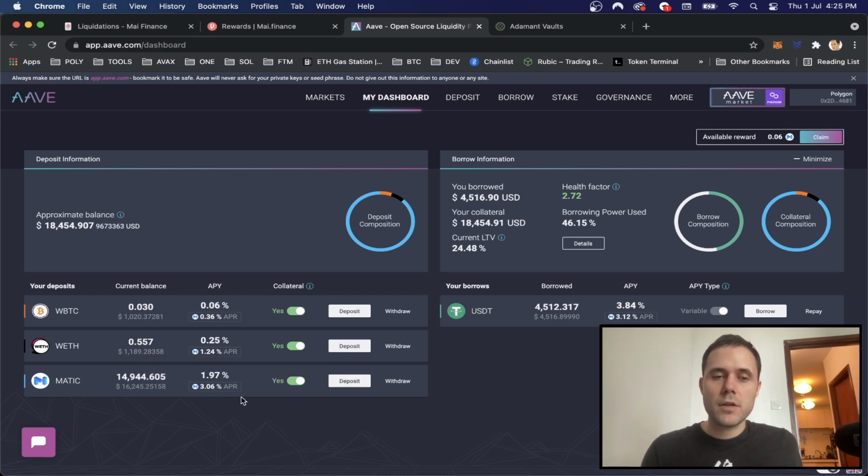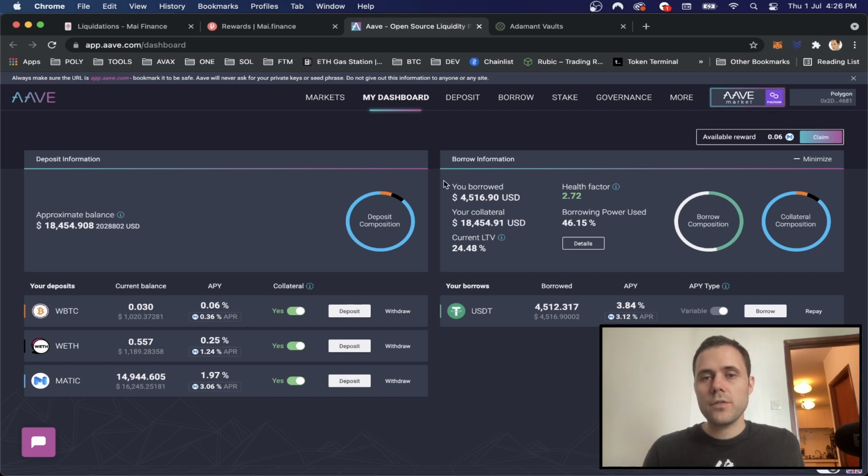So I was getting about around 5% APR, about 5% a year. These rewards are temporary. I think they will last till next summer, but they're not going to be forever. So that's when platforms like Mai Finance, where there's 0% loans, are going to come into their own. But of course, AAVE is going to continue to be a big player.